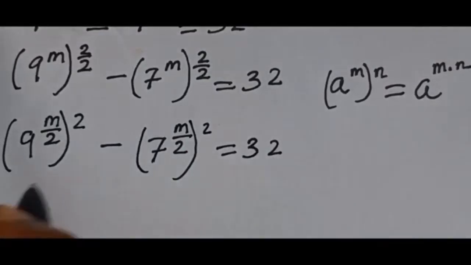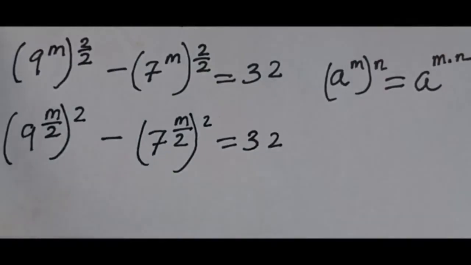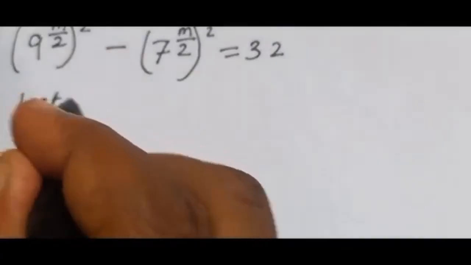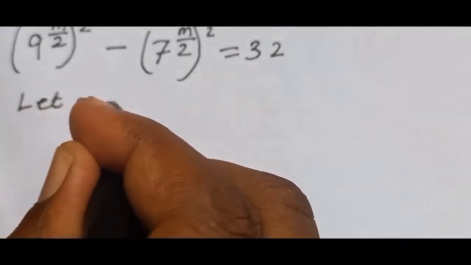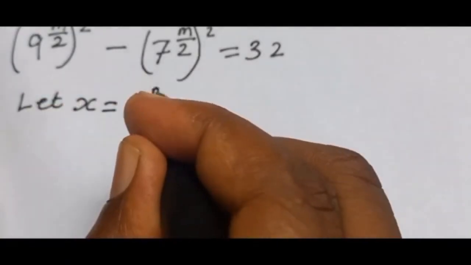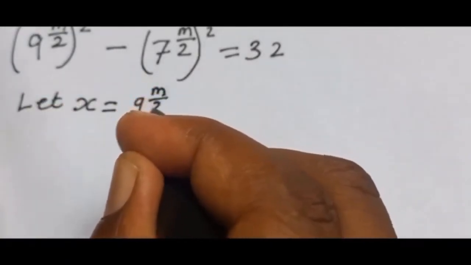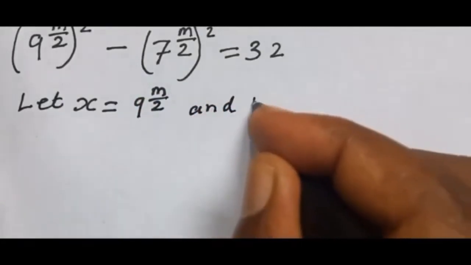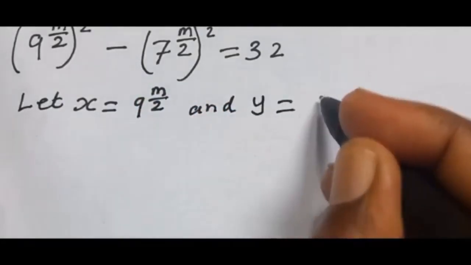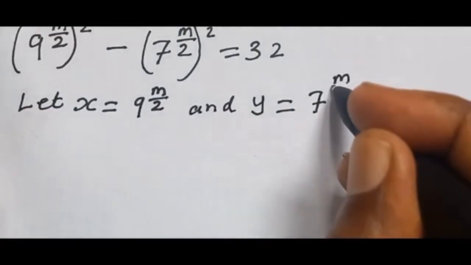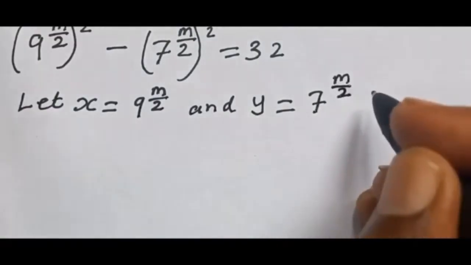Here, let x equal 9 raised to m over 2 and y equal 7 raised to m over 2.